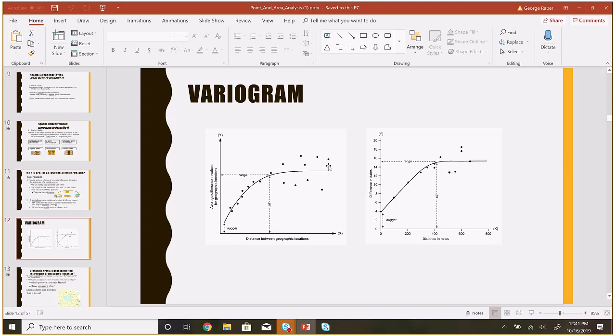Some of them are very different from each other, and some of them are not very different from each other. Okay? Well, at least they're not any different than points that are closer. So as you get up here, you have greater differences between the points. And as you get down here, you have less difference between the points.